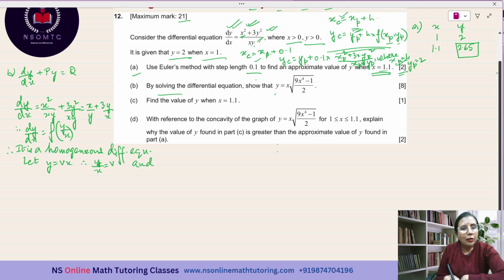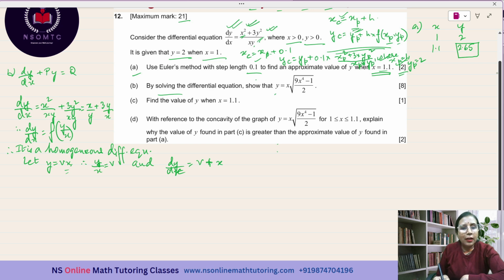Okay. And if I differentiate both sides with respect to x, what happens? It is dy by dx is equal to, I'll be using the product rule for the right hand side. First of all, I am differentiating the x, so it is just v, because derivative of x with respect to x is of course equal to 1. And v is also a function of x, it is not a number. So the second one will be, that is why we are using the product rule.